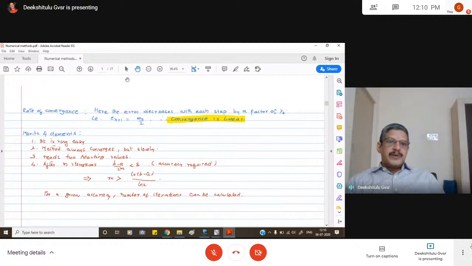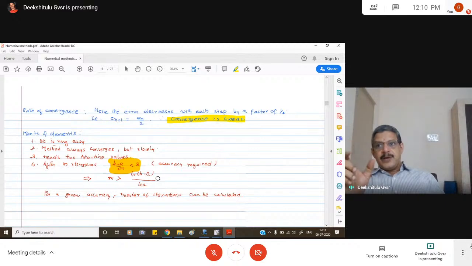And one more very important thing is, after n iterations, what happens? Actually, the initial length of the interval is b minus a. After each step, what happens? First we take a, and x1 is a plus b by 2, the midpoint.